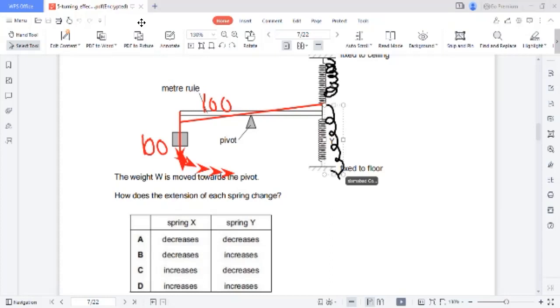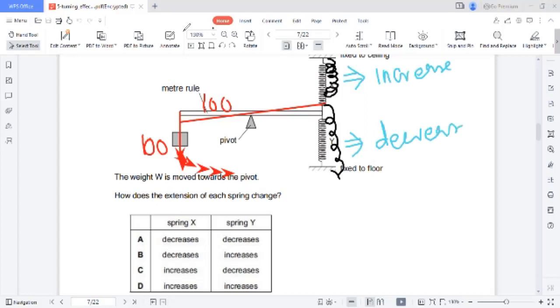So the conclusion is that X will get extension, and Y starts getting compressed, so its tension or its extension starts decreasing.